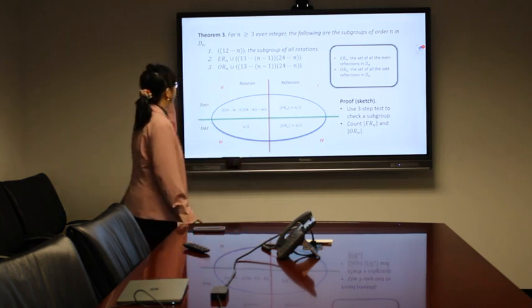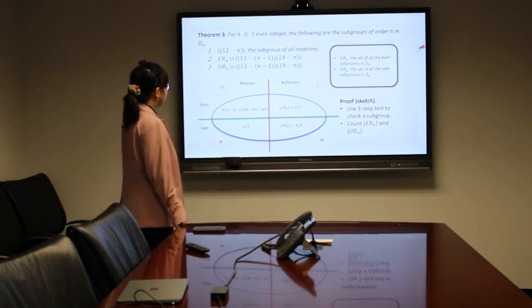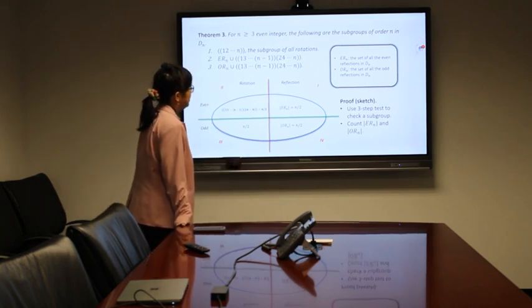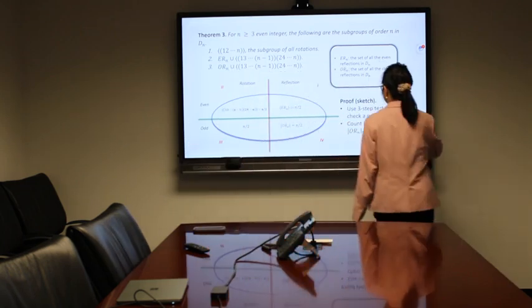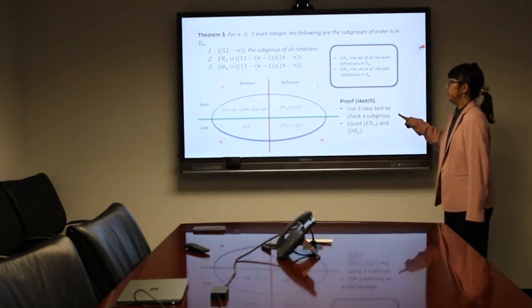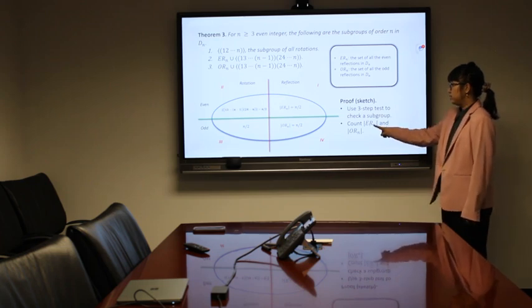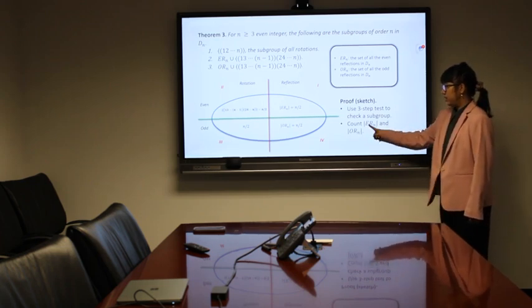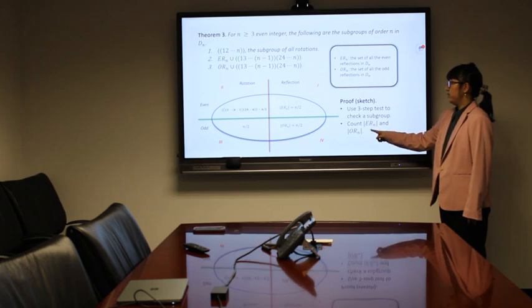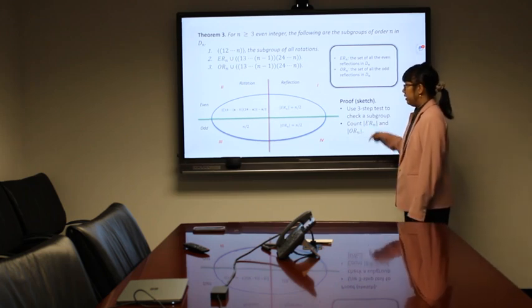So in order to show number 2 and number 3, I have to use the 3-step test to check if it's really a subgroup in D_n. And the next step, I want to count the number of elements in ER_n and the number of elements in OR_n.